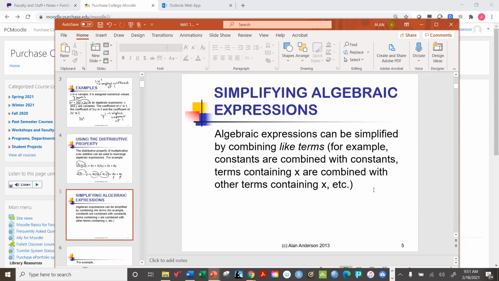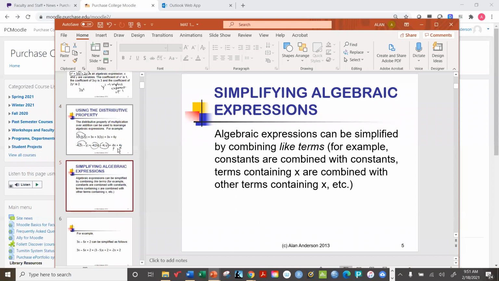All right, here we go. So let's look at some of these. Now, first, one of our strategies is to combine what we call like terms. And that typically means here terms that have common exponents. Let's say, for example, you had something like this. You've got 3x squared plus 4x plus 7x squared plus 5x.